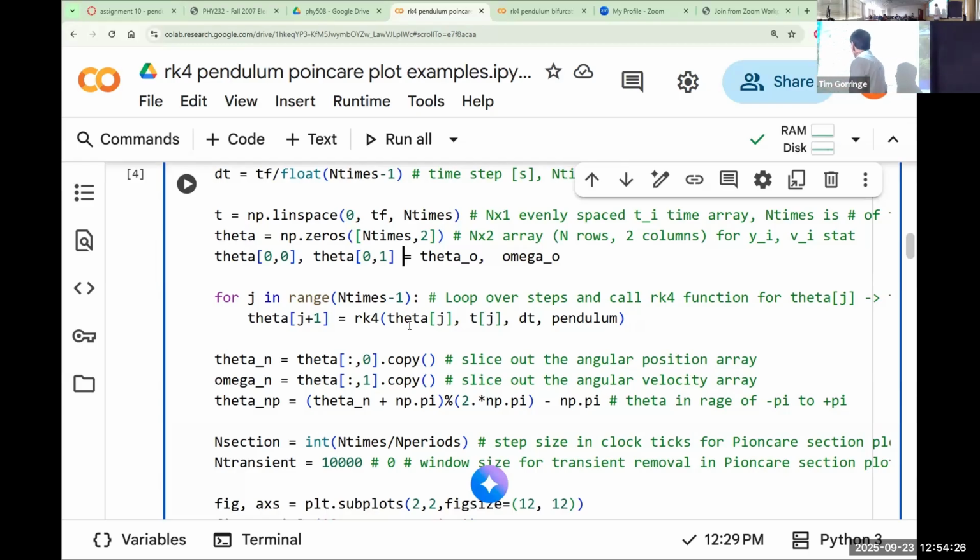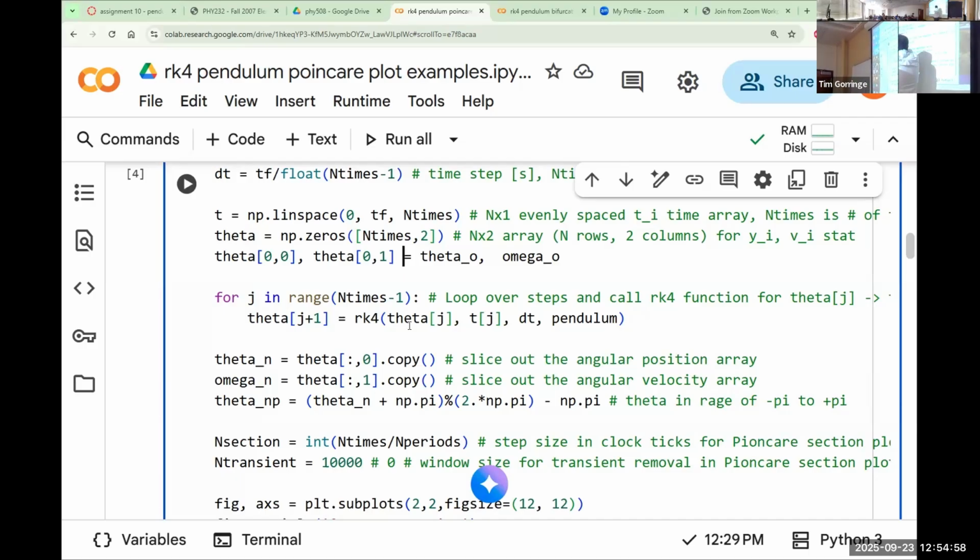And as I walk through the independent variable, I'm going to take the current values of the dependent variables, theta and omega, and I'm going to calculate their values in the next clock tick. And in that way, out of just knowing those initial conditions, I'm going to reconstruct the entire trajectory of the pendulum through space and phase space. So I've done that there.